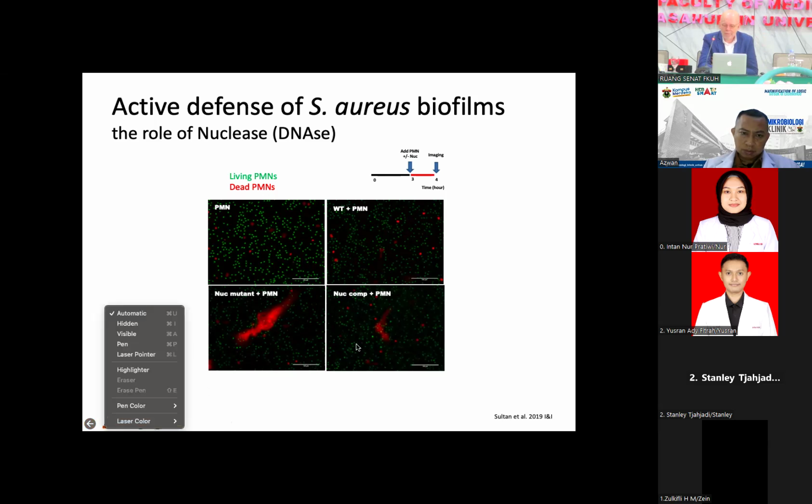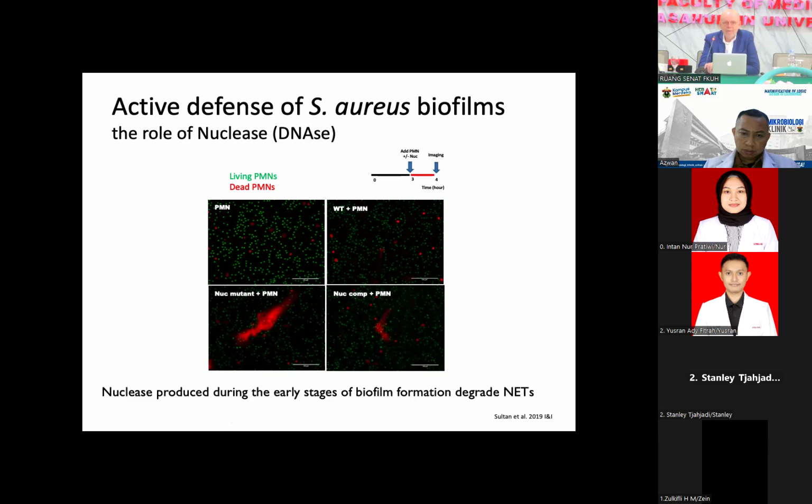Over here, you can see the neutrophils, the complemented knockout. So, bottom line here is that nuclease produced already during the early stages of biofilm formation can degrade the NETs, again allowing the bacteria that are forming this biofilm to prevent being killed.